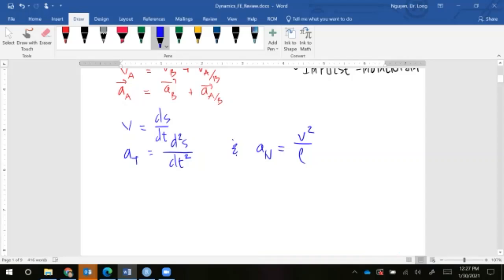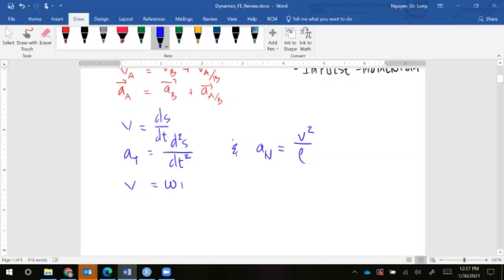And when the body is in rotational motion, then we can have a relationship with regard to the angular velocity and angular acceleration. So with that, we can have v at any given point equal to omega r. Any point on the same body will have the same omega, but different points on the same body have different linear velocity v.